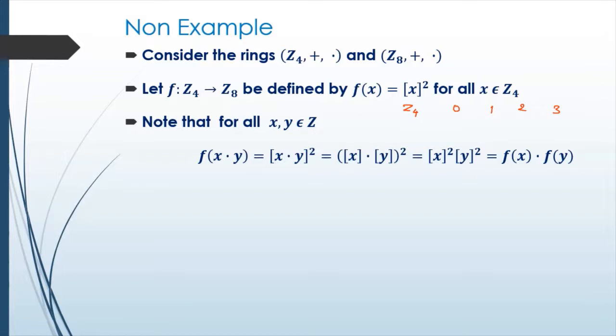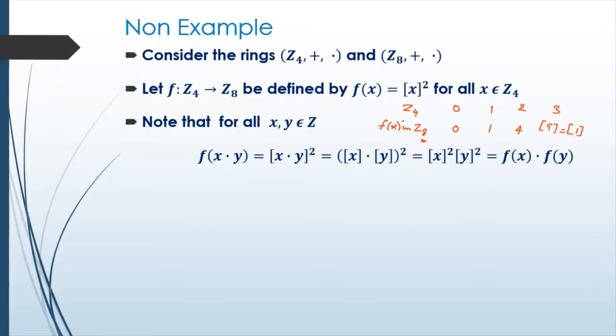Correspondingly, the mapped elements f of x in Z8 will be class 0 square, 0, class 1 square, that is 1, class 2 square is 4, class 3 square is 9, that is equal to class 1 under addition modulo 8.